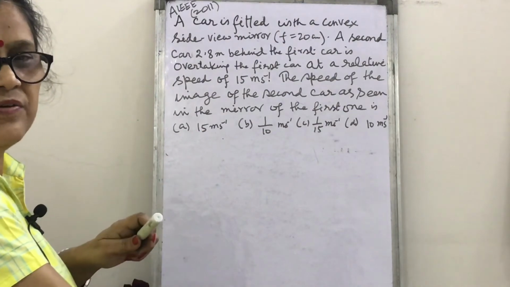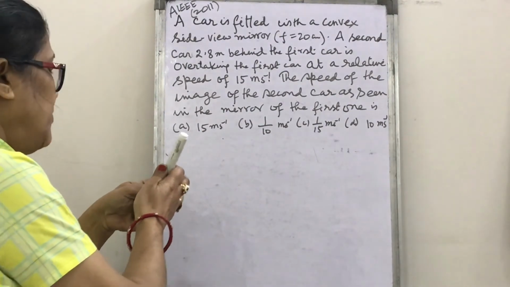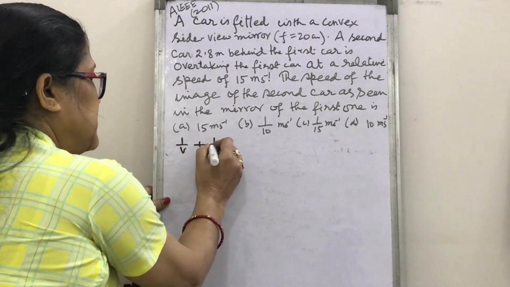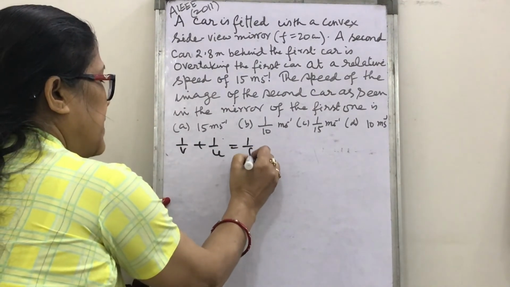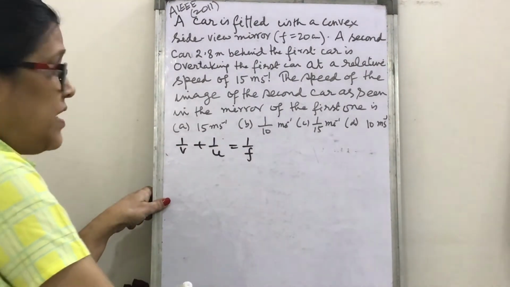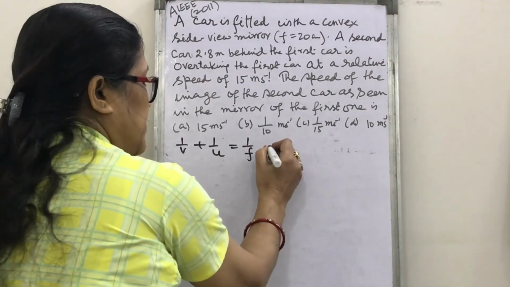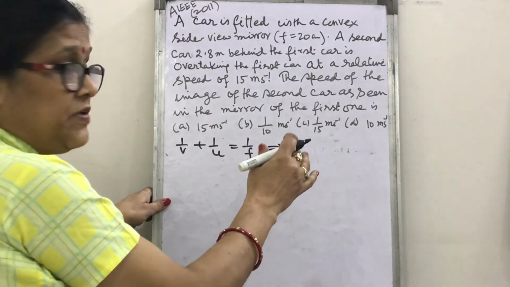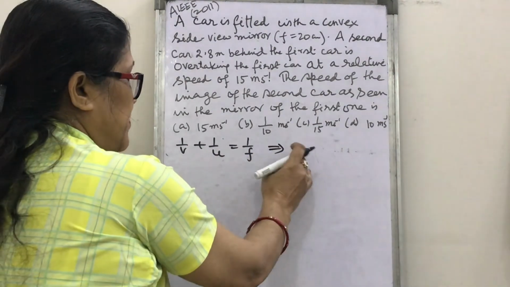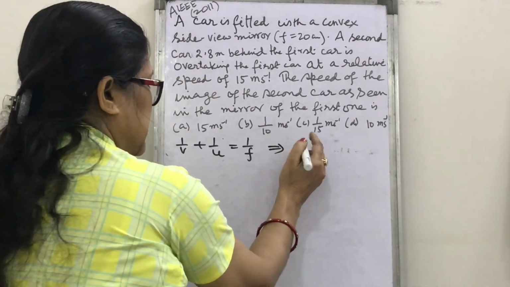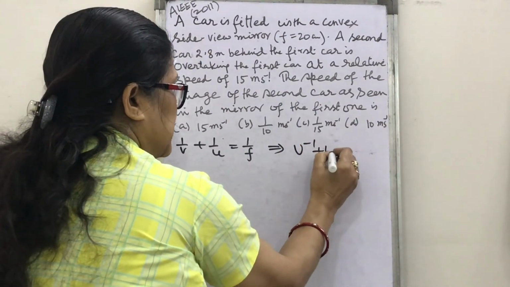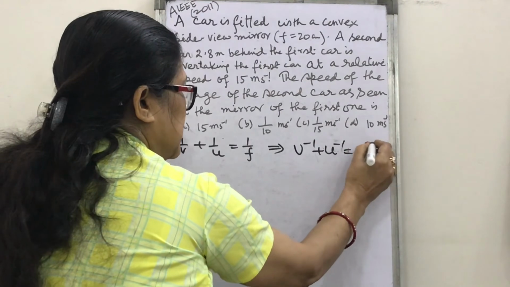These options are given. If you use the mirror equation, you can write 1 by v plus 1 by u equal to 1 by f. And you can write to get the speed; speed is meter per second. So with respect to time, you write this expression as v to the power minus 1 plus u to the power minus 1 equal to f to the power minus 1.